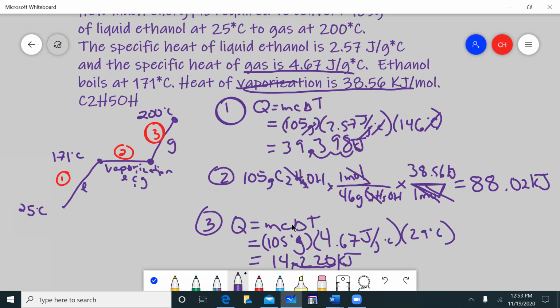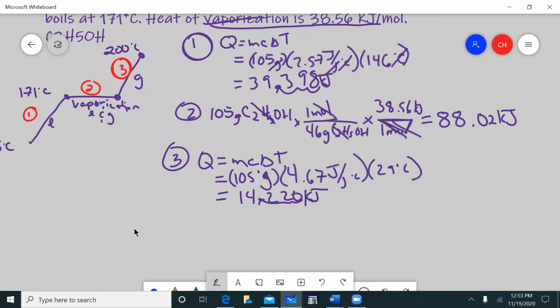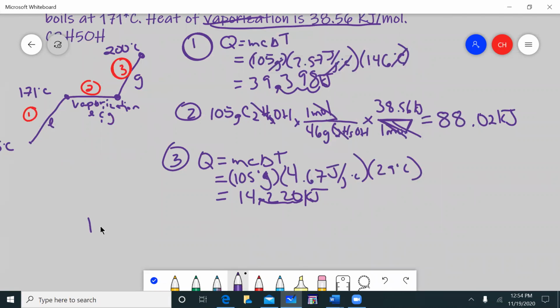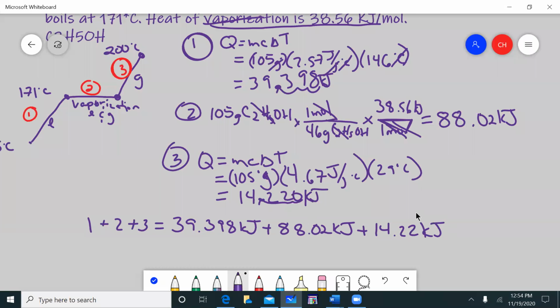Then the final step here is that I have to add all of them together. So I need to take 1 plus 2 plus 3, or 39.398 kilojoules plus 88.02 kilojoules plus 14.22 kilojoules.